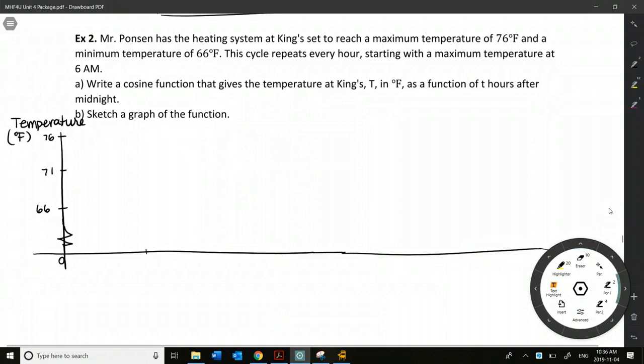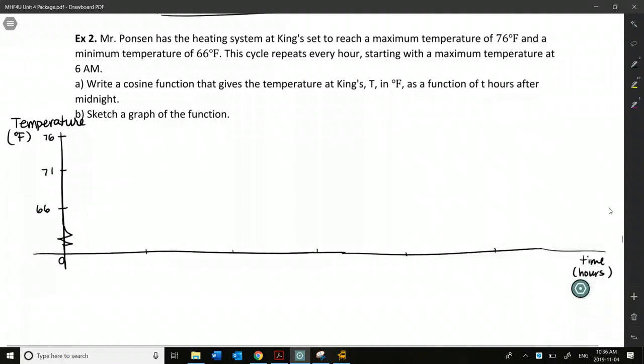Sorry. 3, 4, 5. There we go. That's good. So this is 1, 2, 3, 4, 5, and 6 right here. Now I went up to 6 because it tells me information about 6 a.m.